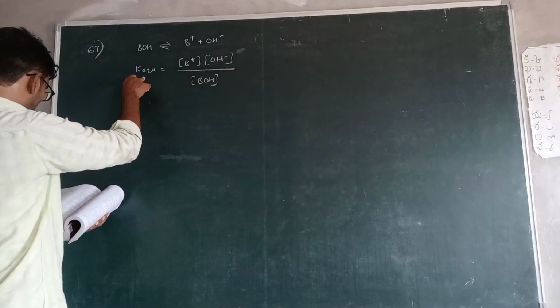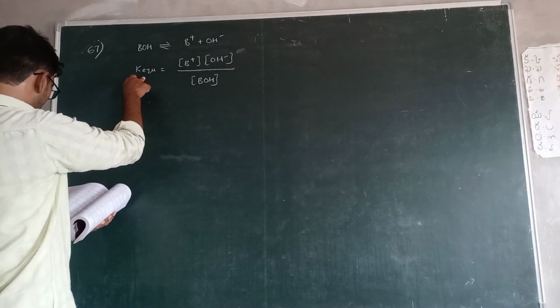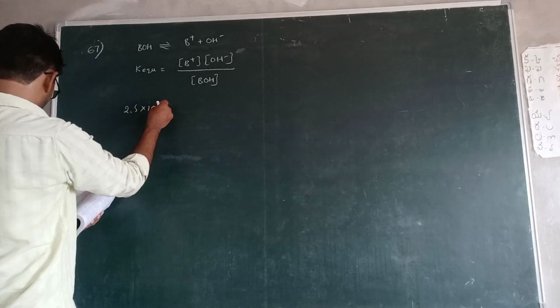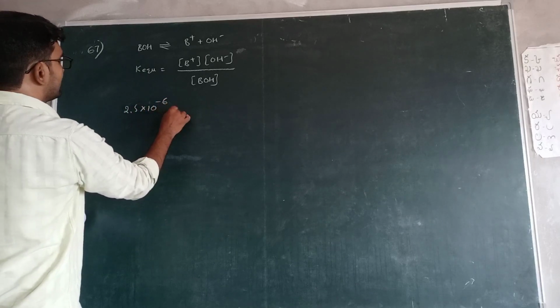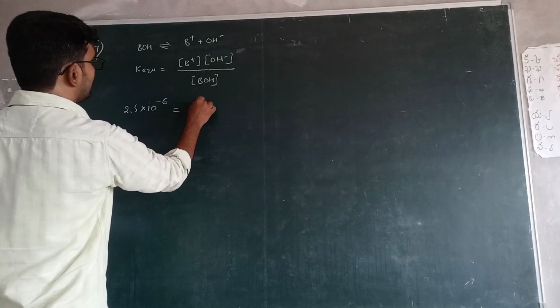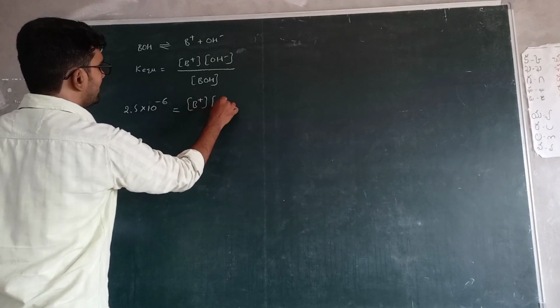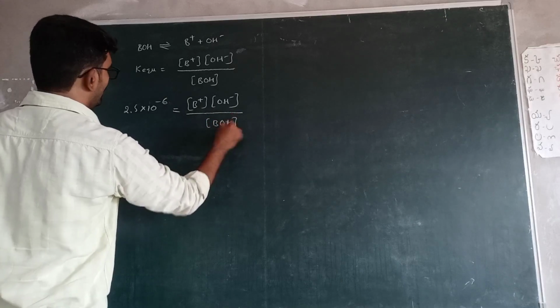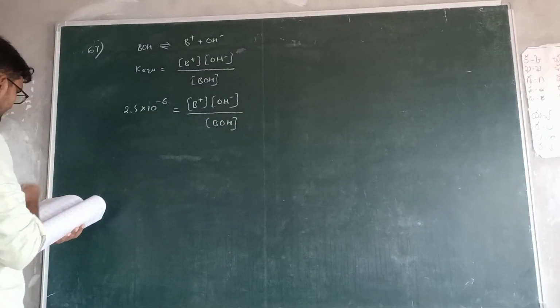This value is already given: 2.5 into 10 to the power of minus 6 is equal to concentration of B+ into concentration of OH minus by concentration of BOH.